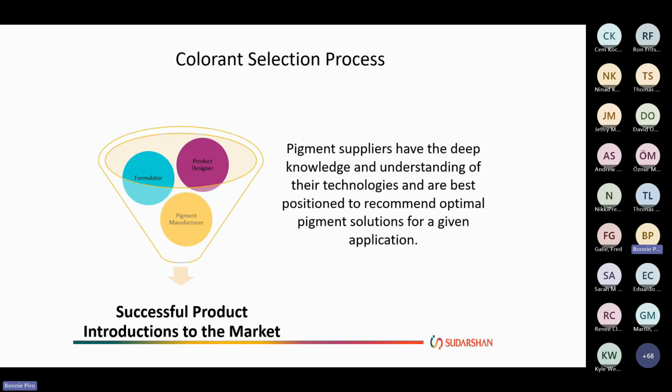But more importantly, we can offer options to optimize the formulation to get around a property that you don't like, those types of examples to be able to get you where you need to go.